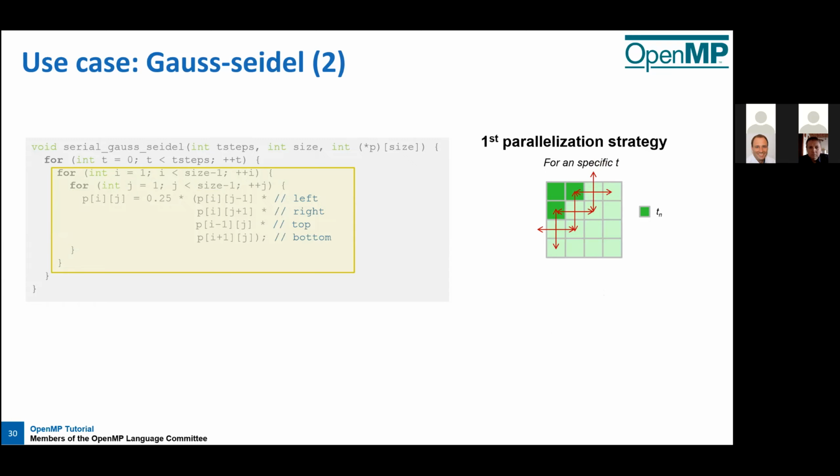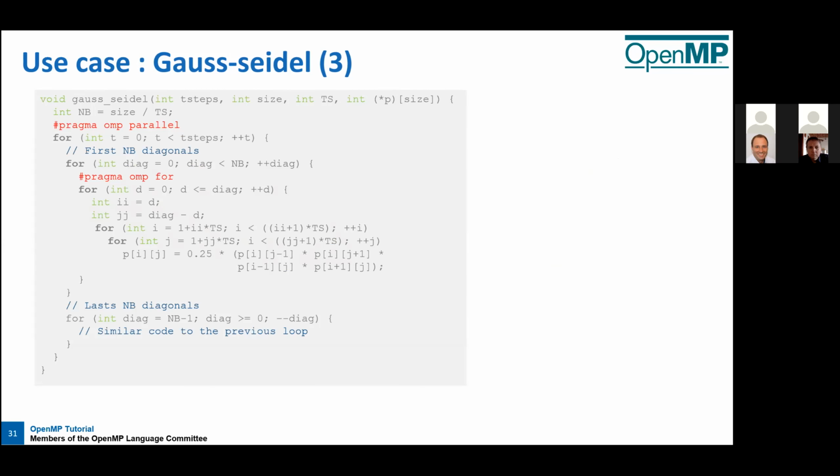So what you have to do is move or skew your loop by 45 degrees, so that you get a wavefront that implements that pattern. And then you can use an OpenMP work sharing construct to parallelize across those diagonals. So this is the code to do this.